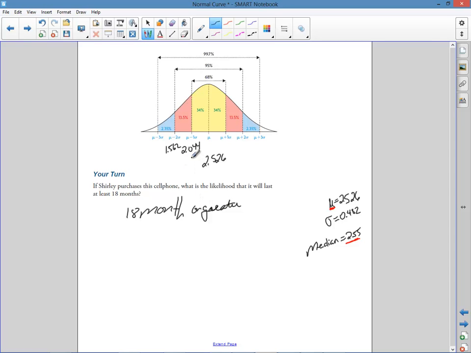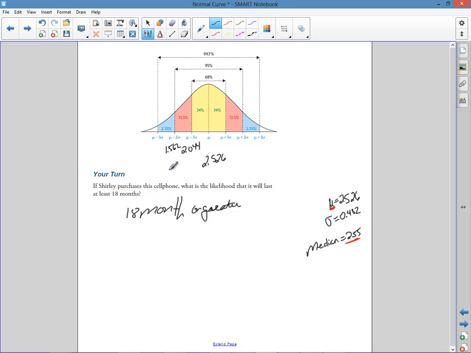First, we need to figure out where 18 months would lay on our distribution curve. Our mean, as we figured out earlier, is 2.526. Now, what I'm going to do is move back one standard deviation. So I'm going to take the mean and subtract one standard deviation: 2.526, subtract our standard deviation, 0.48, would put us at 2.4.